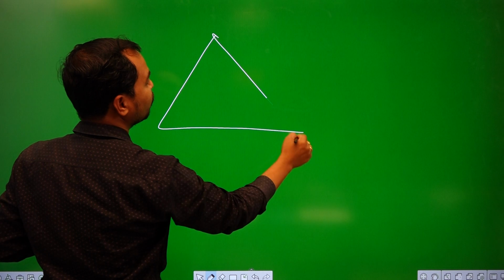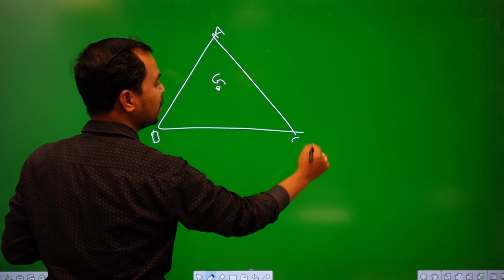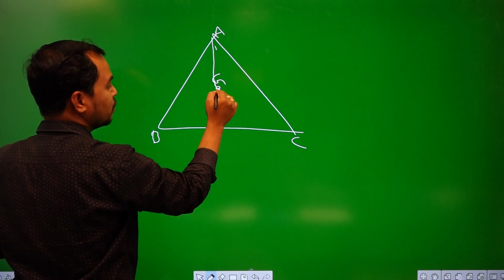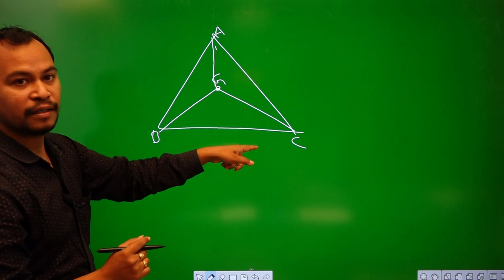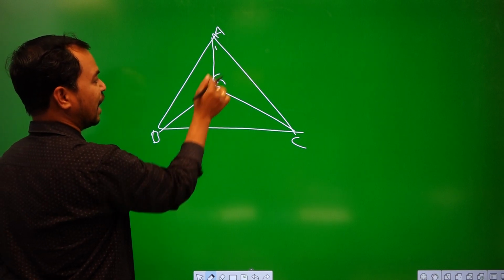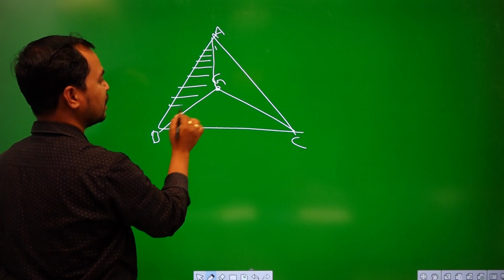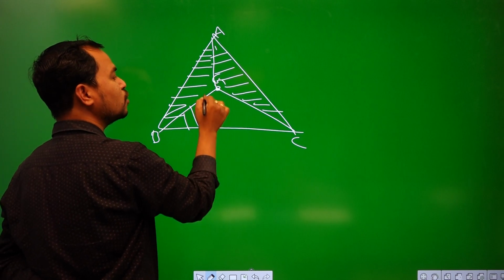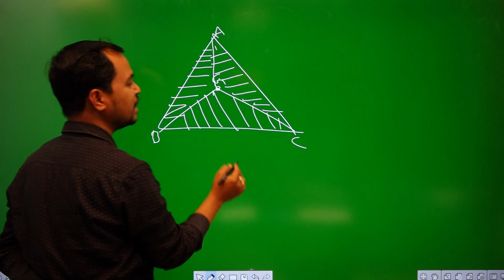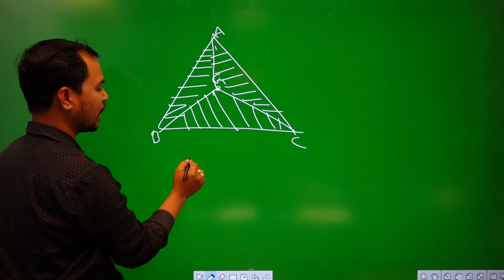See here, for example, if this is G and I join GA, GB, GC, these lines divide the triangle into 3 equal parts. 3 equal parts means the area of GAB is equal to the area of GBC is equal to the area of GAC.